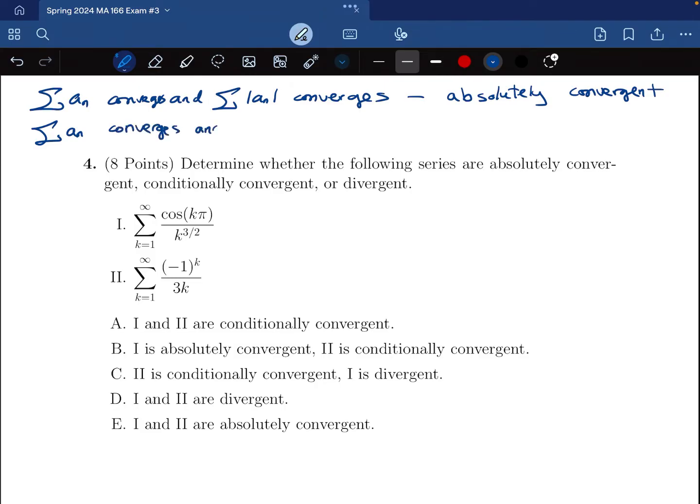So the series where the sum of an converges, but the sum of all terms consisting of the absolute value of an diverges, this is conditionally convergent.